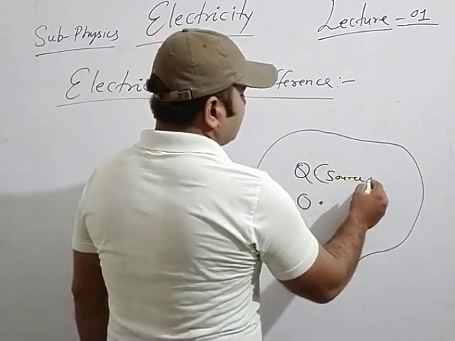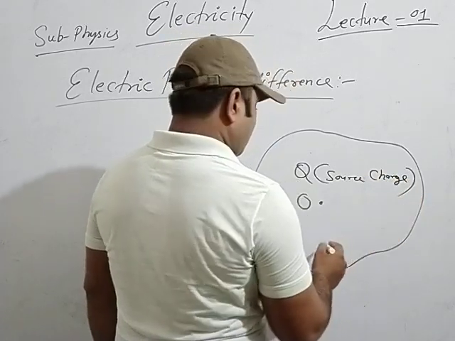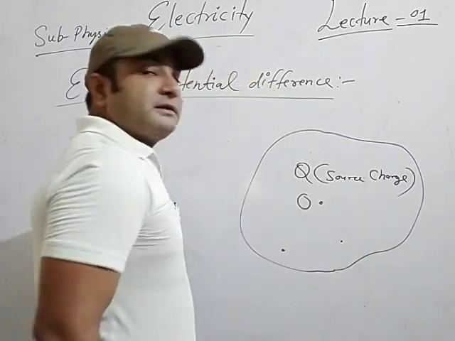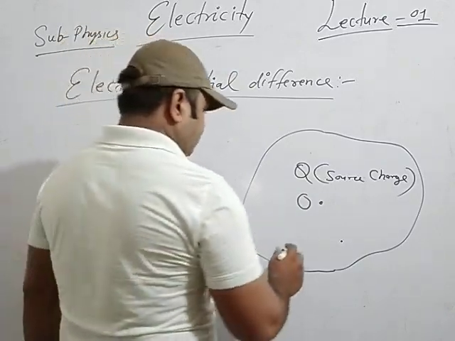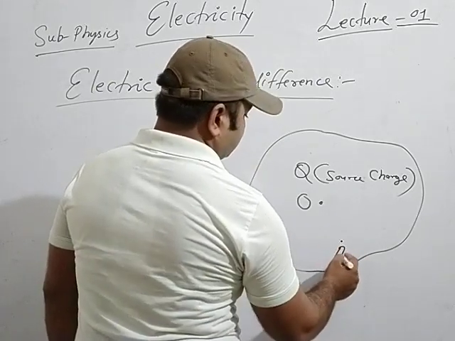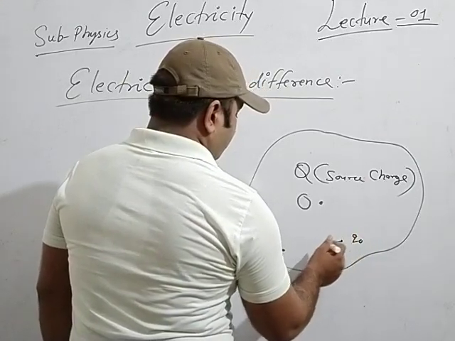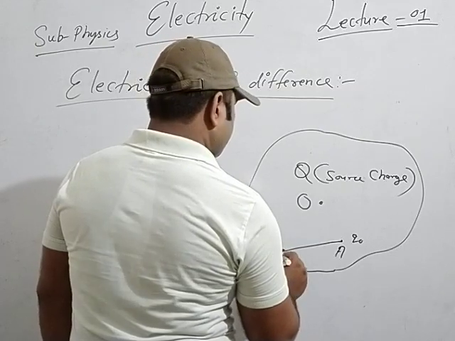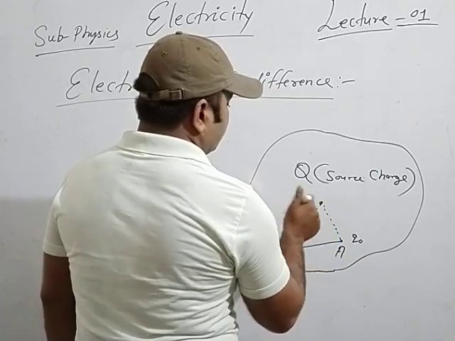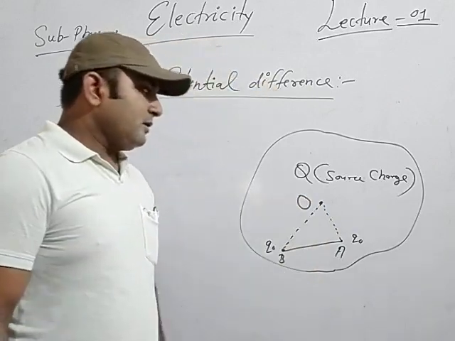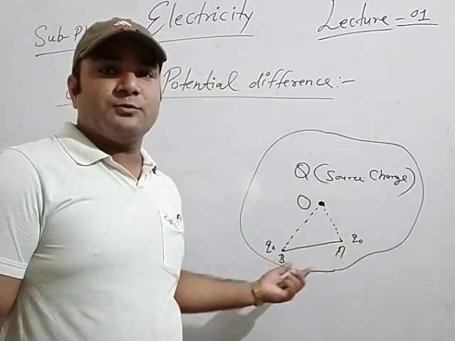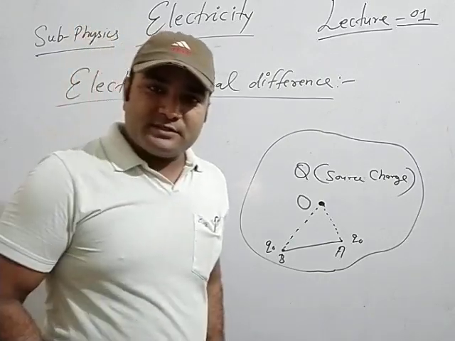Source charge, and we are just bringing the test charge from point A to point B, with reference to this point O. Here the source charge held at point O, that is Q, and here test charge bringing from A to B.